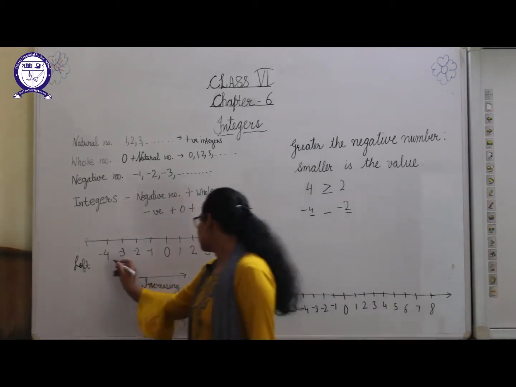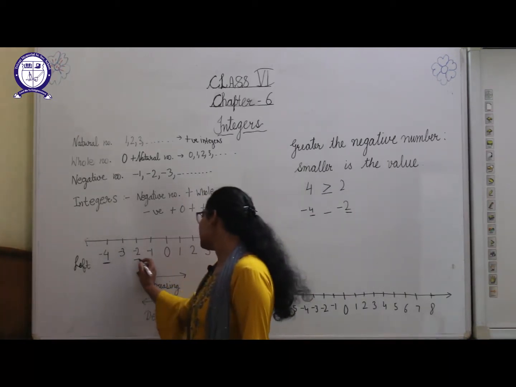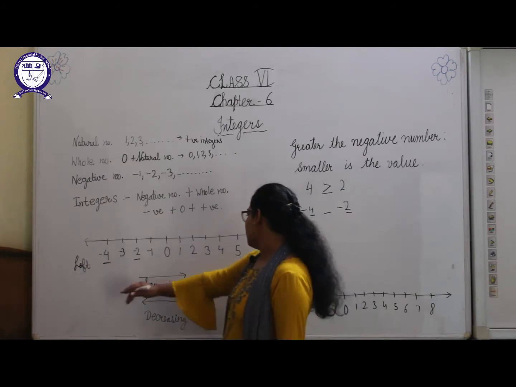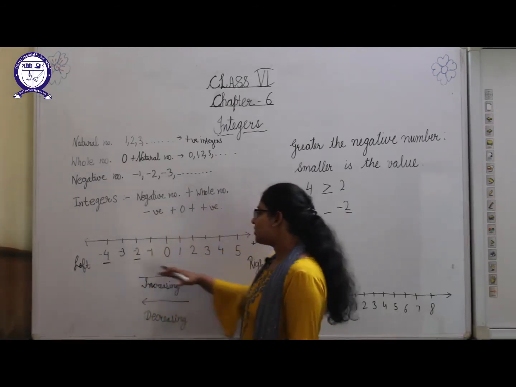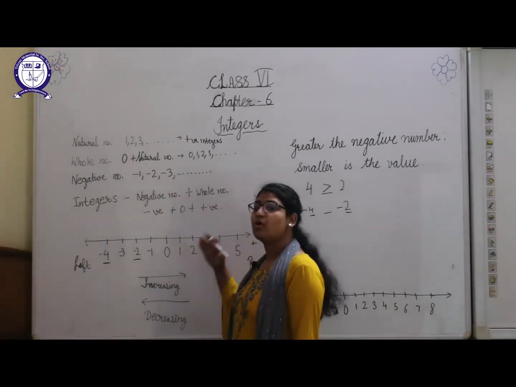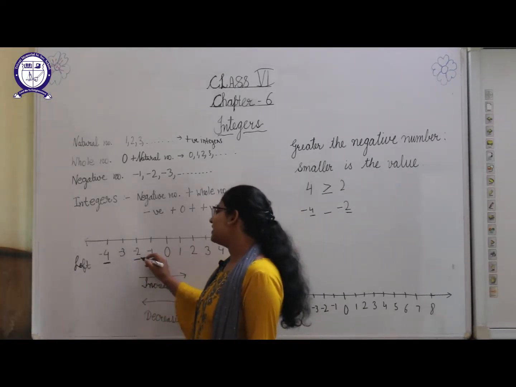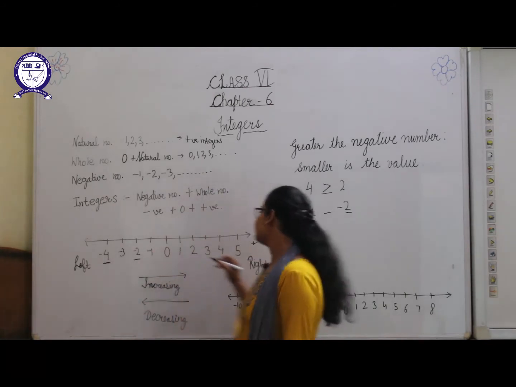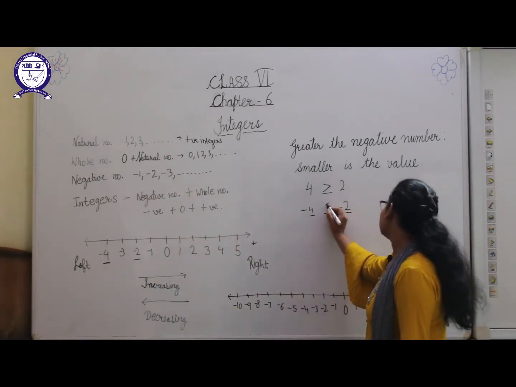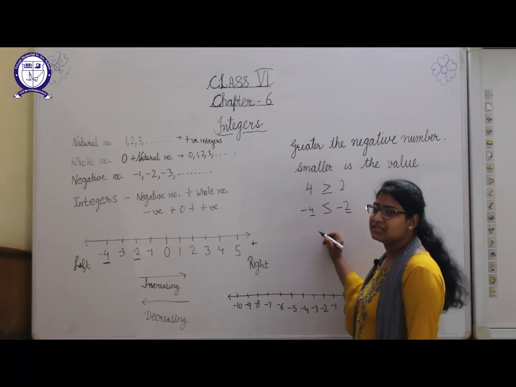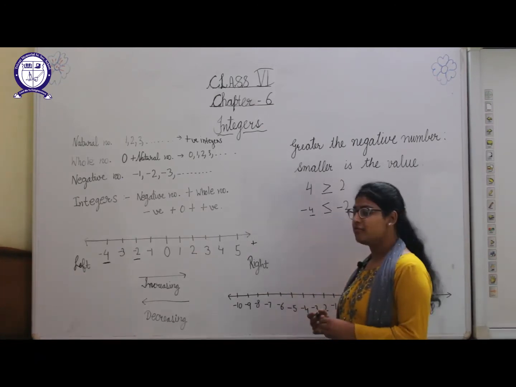Here minus 4 is here and minus 2 is here, and as I said, when we start coming to the right side, the numbers keep on increasing. It means minus 4 is smaller and minus 2 is greater. So minus 2 is greater than minus 4.